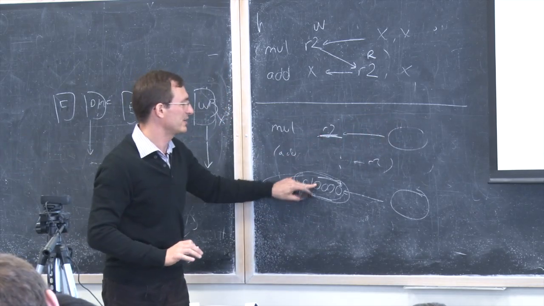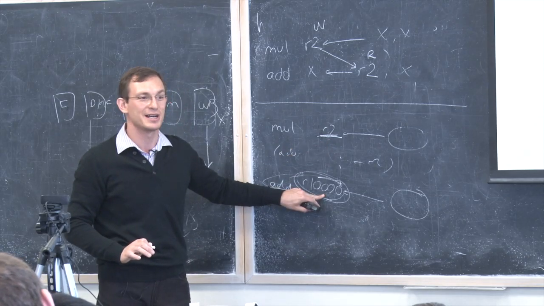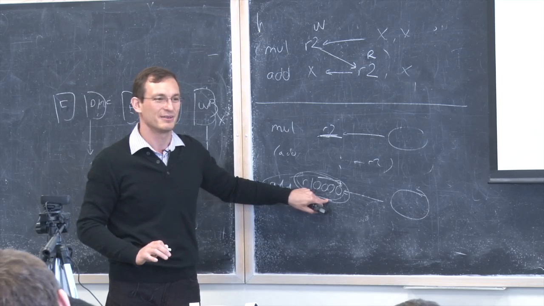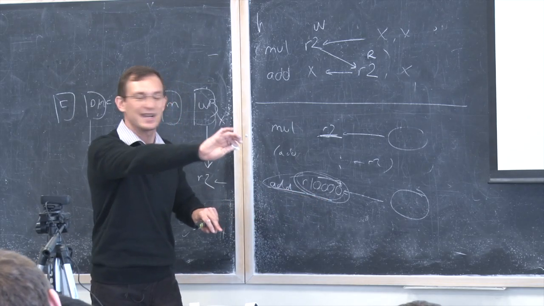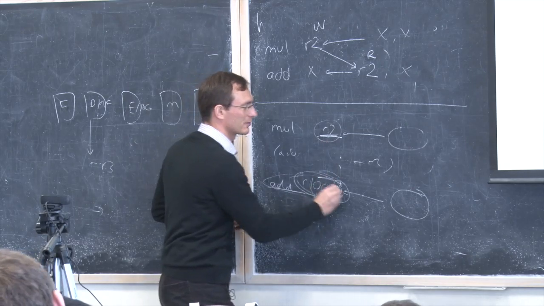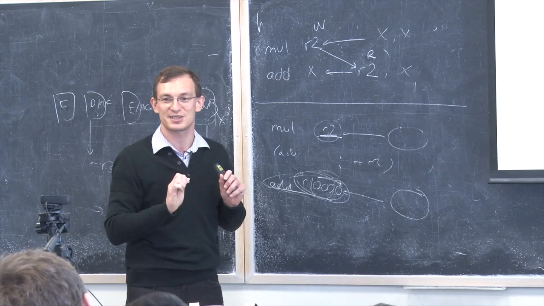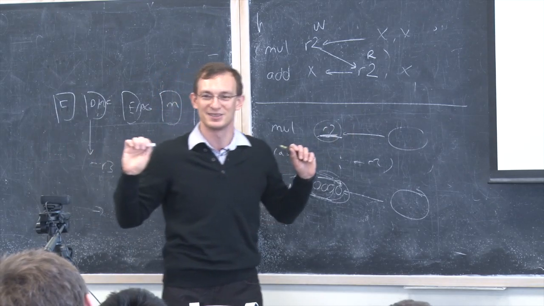Here, you cannot execute these instructions in any order you want, because they're both writing to register 2. Whereas if we create another level of register file and rename register 2 to that register file and have separate registers allocated for these 2 different instructions, now I can execute them in any order I want.